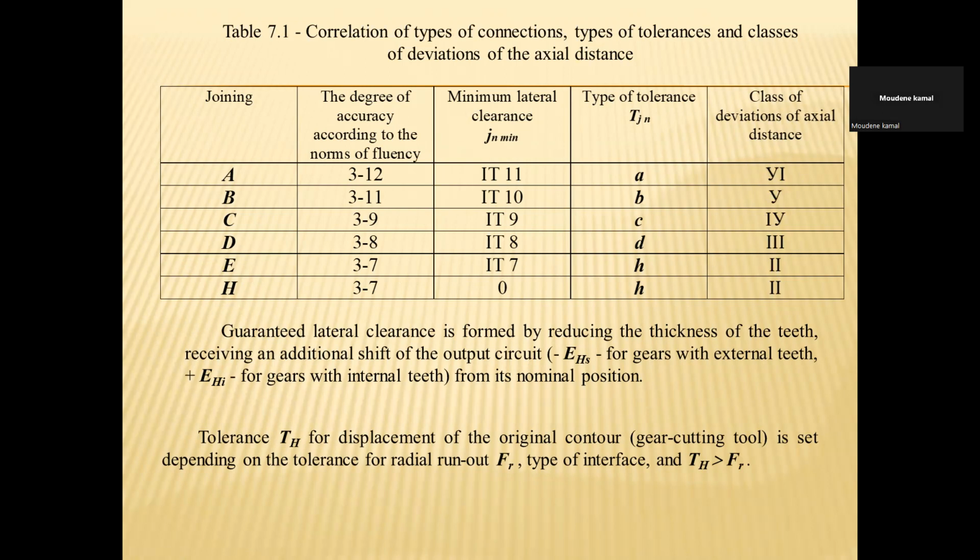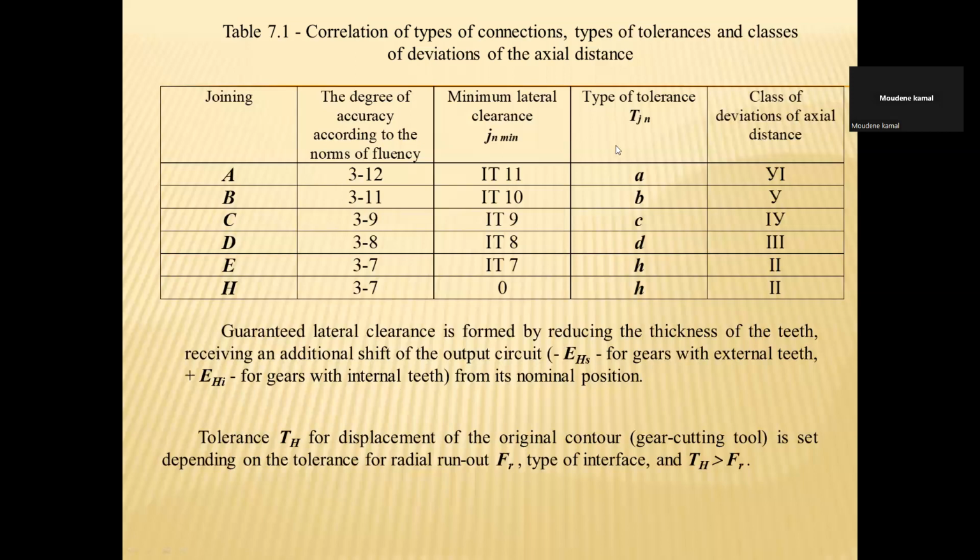Guaranteed lateral clearance is formed by reducing the thickness of the teeth, receiving an additional shift of the original contour, minus E_Hs for gears with external teeth, and plus E_Hs for gears with internal teeth, from the nominal position.